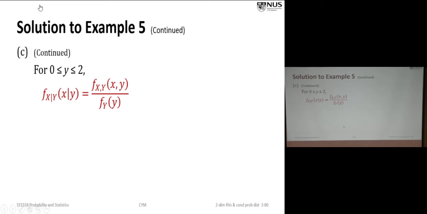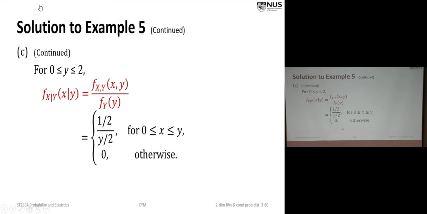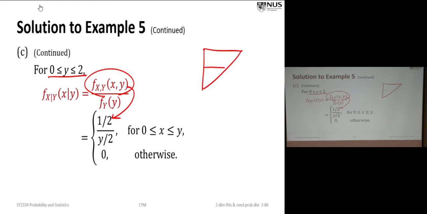How about x given y? So for x given y, I have to look at this, equal to this only when y is between 0 and 2. With y fixed, x goes from this point, x equal to 0, up to this point, x equal to y.